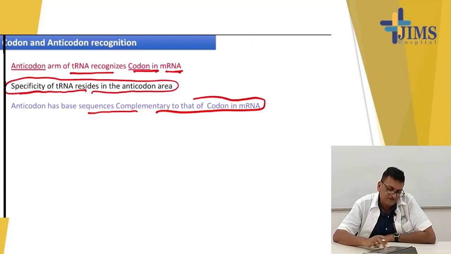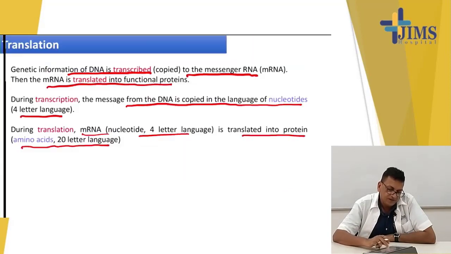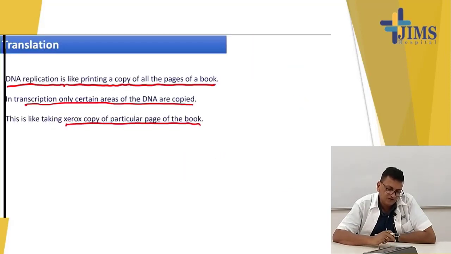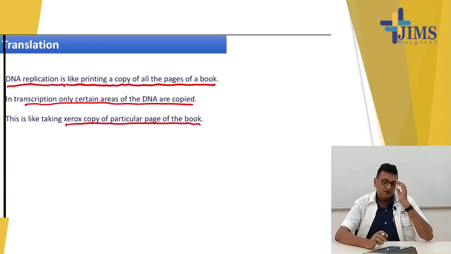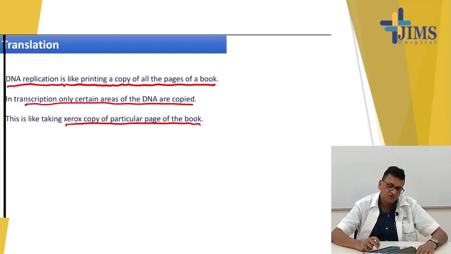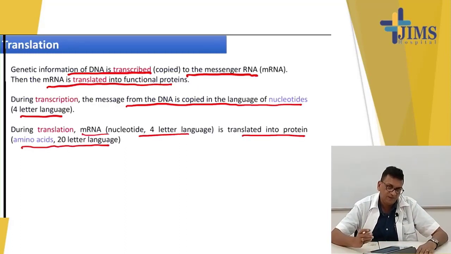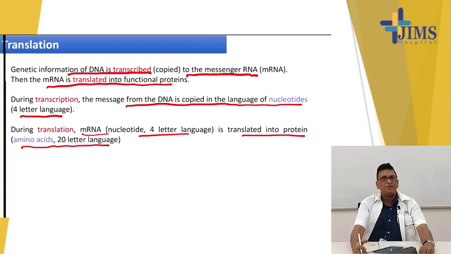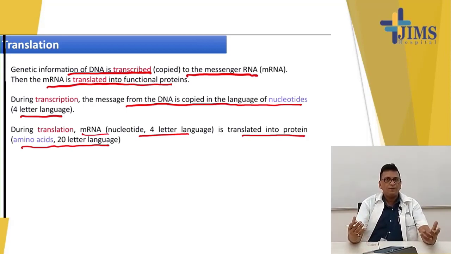So today we have discussed the tRNA and the salient features of the genetic code. Okay, we'll recap this one. We were talking about DNA replication, then we talked about transcription, and then we moved on to translation, which is ultimately reading the sequence of the mRNA to form a protein.